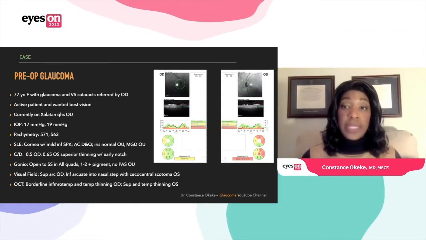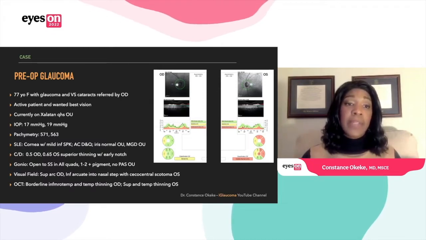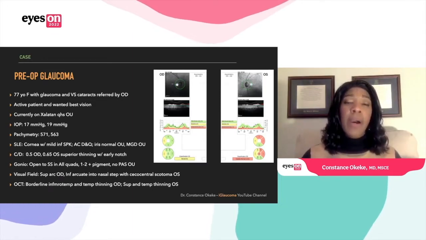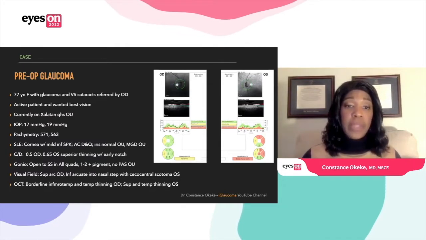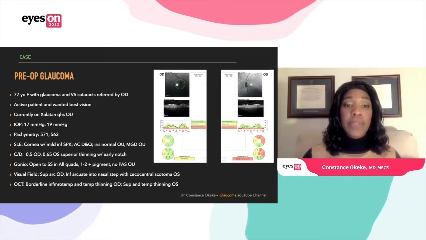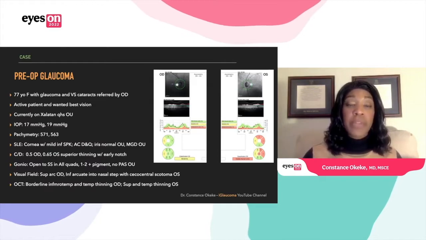She was using Xalatan in both eyes, and her pressures were 17 and 19 with pachymetries of 571 and 563. On slit lamp exam she had some SPK in her corneas and evidence of meibomian gland dysfunction in both eyes. Otherwise, her anterior segment exam was normal.